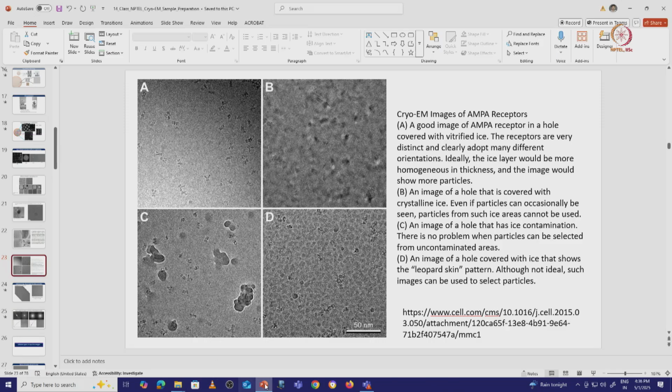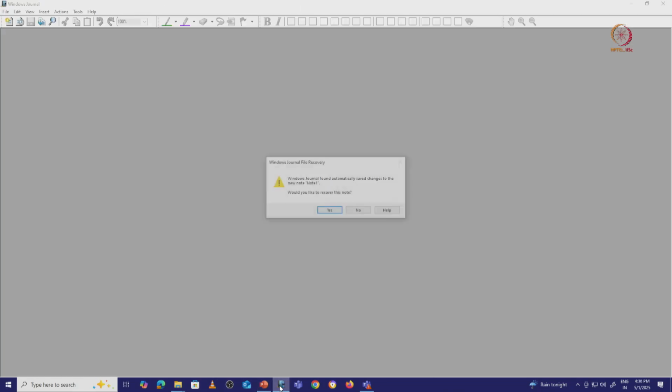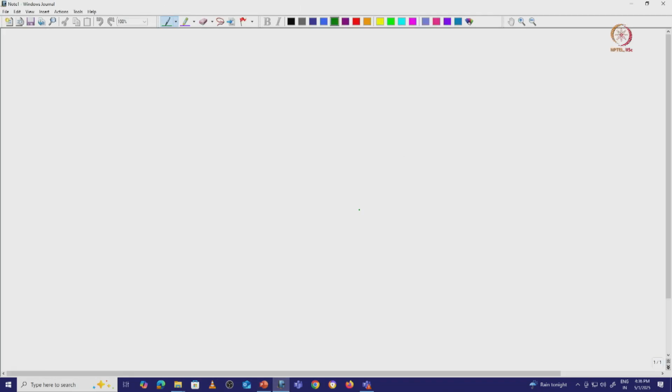here I want to show you how that entire image collection process is going. So, this is our grid, and this grid is inside the microscope.